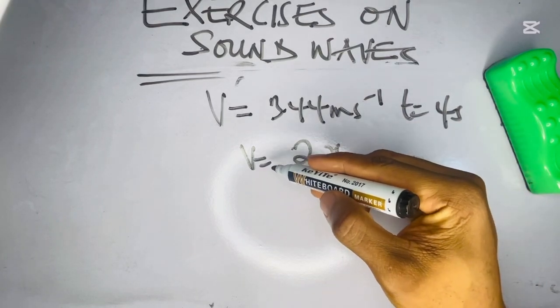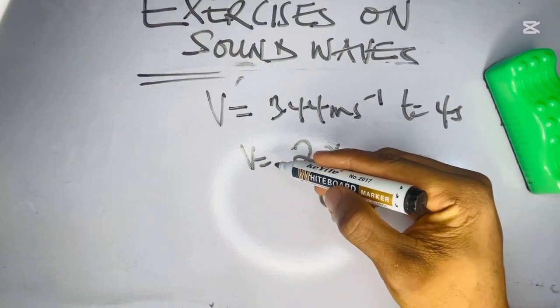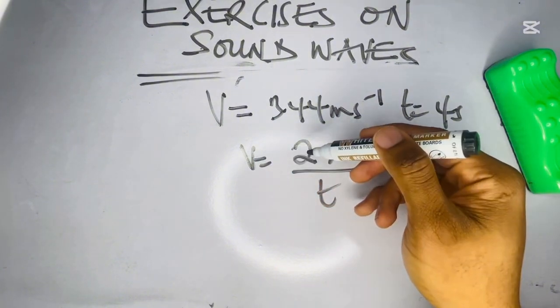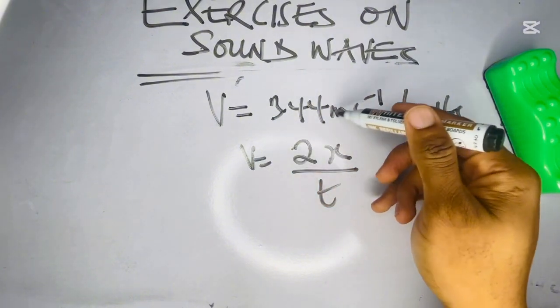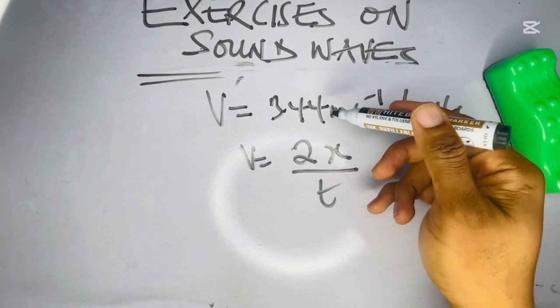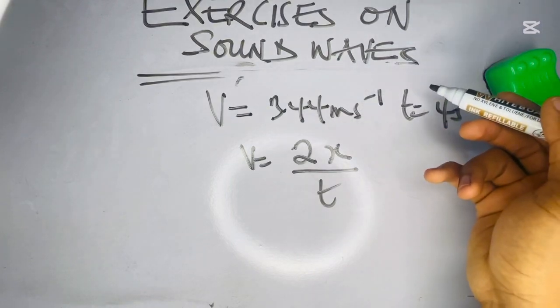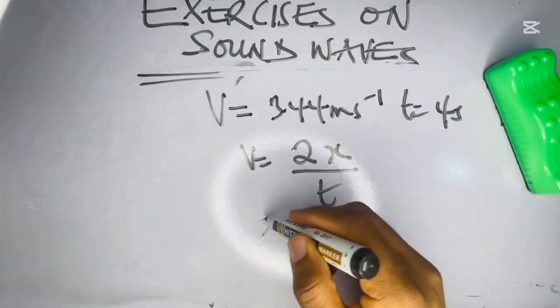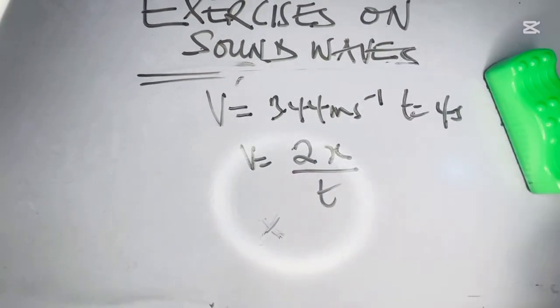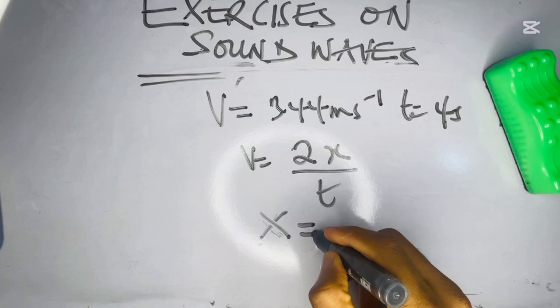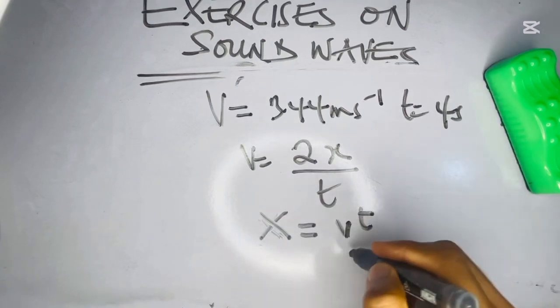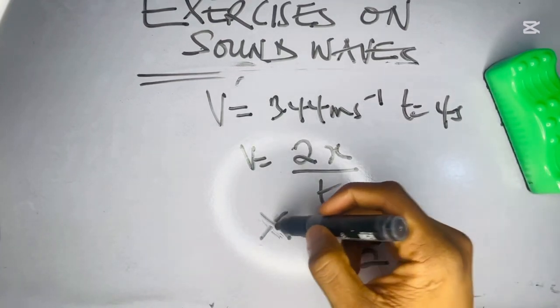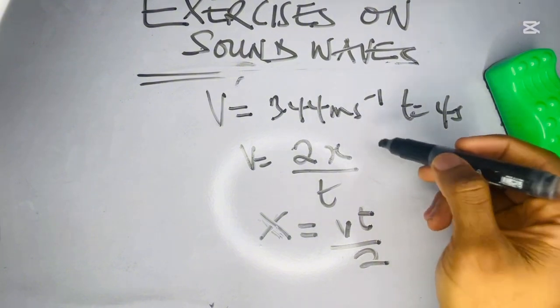The v is denoted as the velocity that we are given in the question, 3.44. So the velocity or speed of sound is 3.44. To determine x itself, x is equal to Vt all over 2, which is the formula we are looking for.